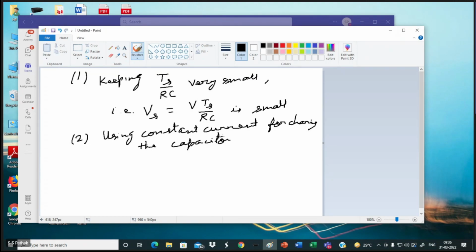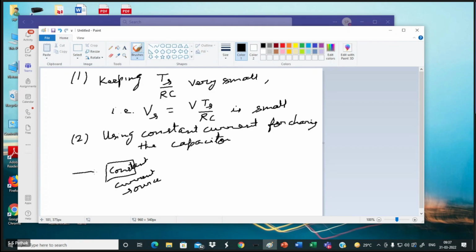So how do you get it? There are various versions in that. How do you get it? This one. Here I'll make a constant current source. Okay, constant current source.